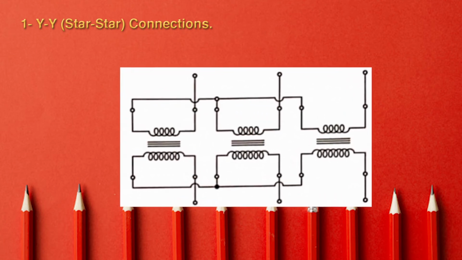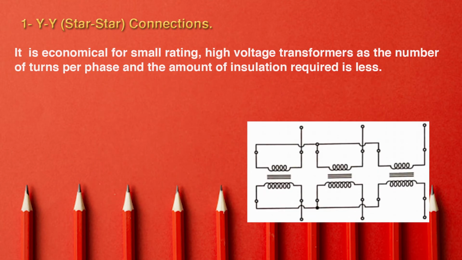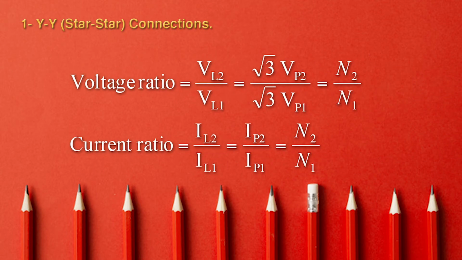The star-star connection gives the line voltage root 3 times the phase voltage. It is economical for small rating, high voltage transformers as the number of turns per phase and amount of insulation required is less. So here you can notice that the voltage ratio can be written as VL2 upon VL1, and this VL2 is equal to what?